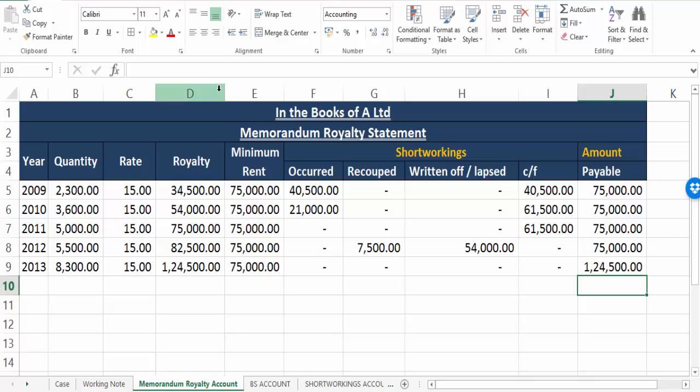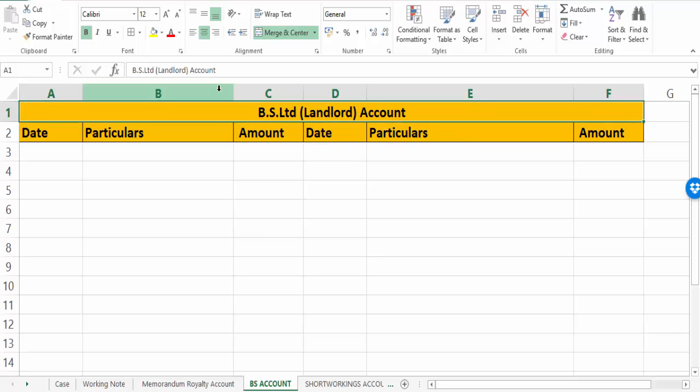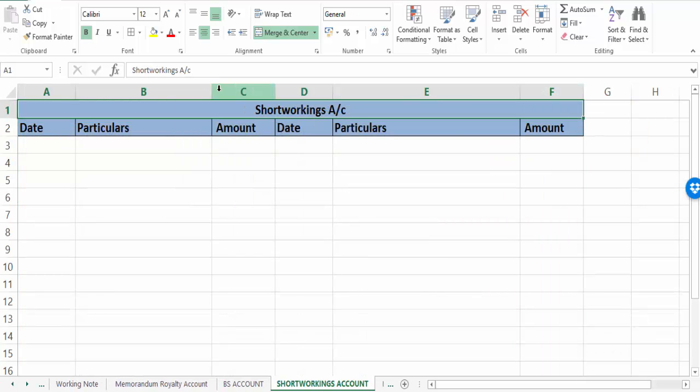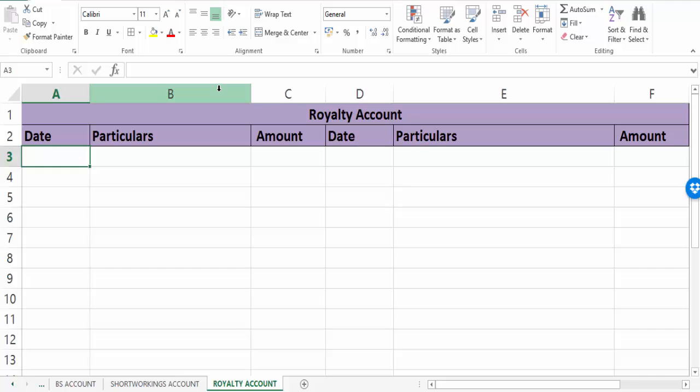Now we'll go into the respective accounts. So what are the accounts we have? We have to open BS Limited landlord account, then short workings account, then royalty account. So first we'll finish off the royalty account because that is the easiest. In 2009, royalty is payable to BS Limited, right?